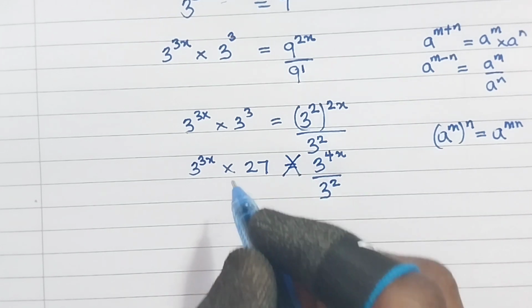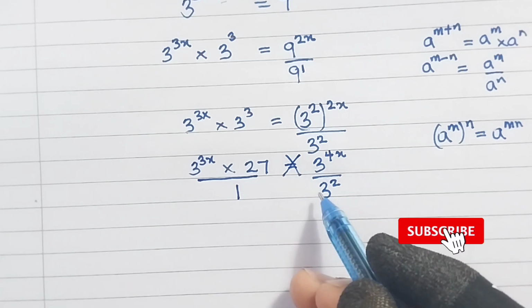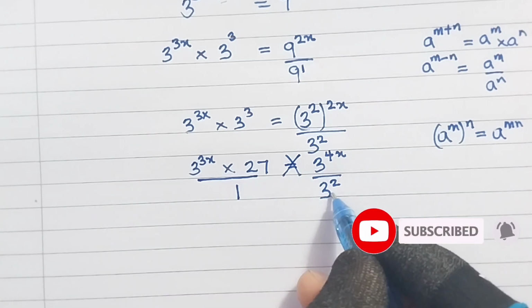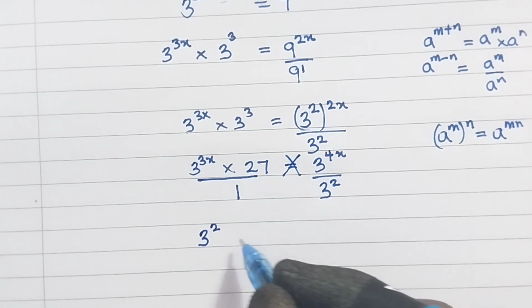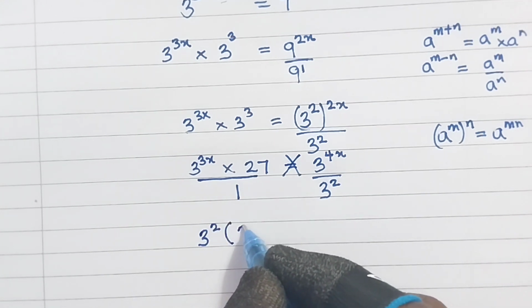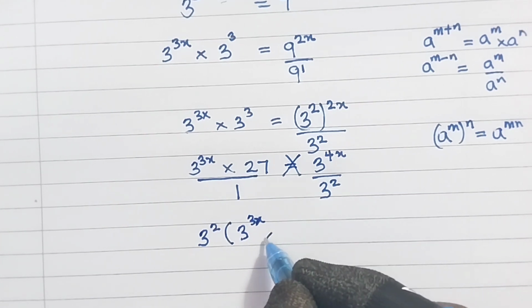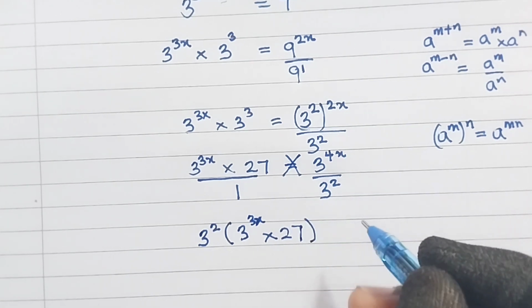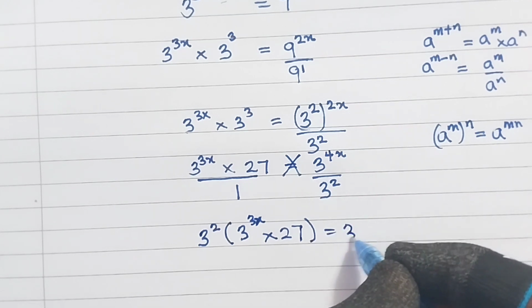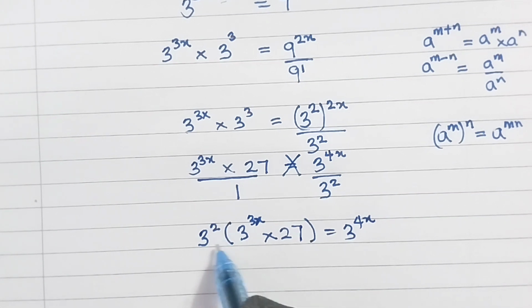Okay, so at this point I can cross multiply. When I cross multiply, remember this is same as saying divided by 1. So when I cross multiply, I now have 3 raised to power 2 times 3 raised to power 3x times 27 is equal to 3 raised to power 4x. Okay, so this is simple multiplication.